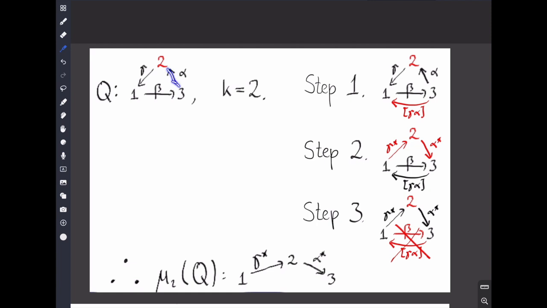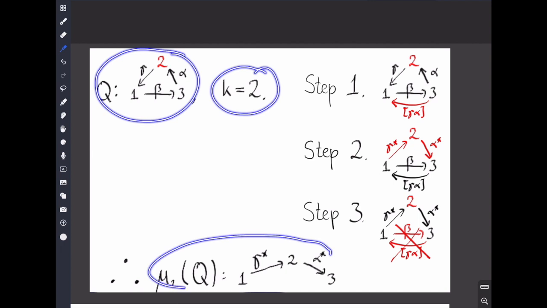So for this incoming and this outgoing, you have to introduce this composite arrow. Step 2, reverse arrows incident to the mutating vertex. So reverse these arrows. And third step, look for 2 cycles and delete them one by one. Here, fortunately, there's only 1, so delete it. So the result of mutating this with respect to 2 is this orientation of the linking diagram of type A3.